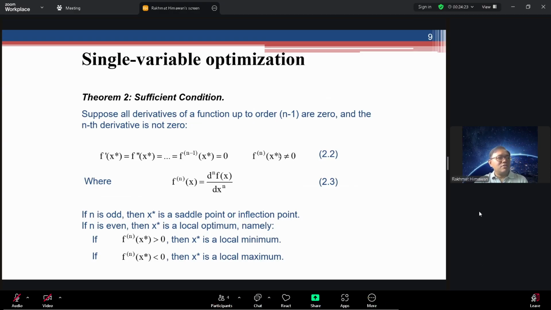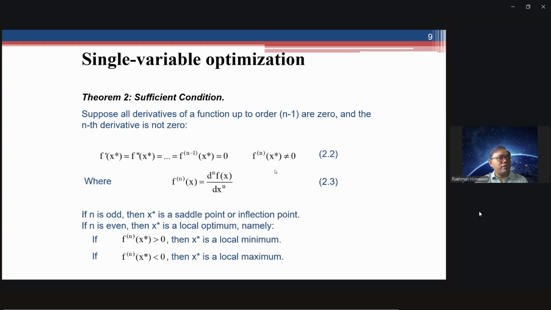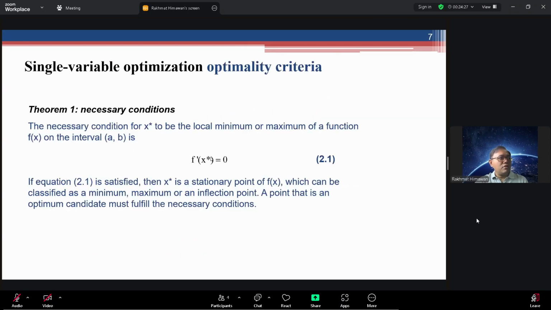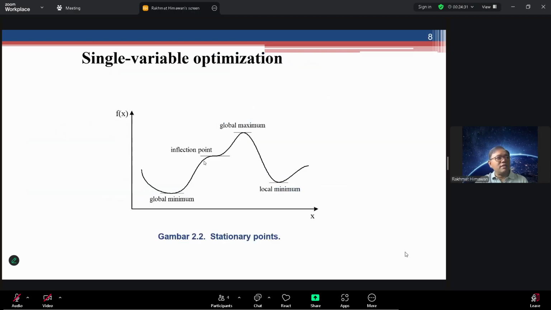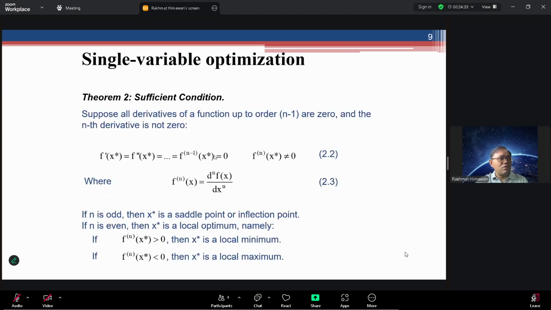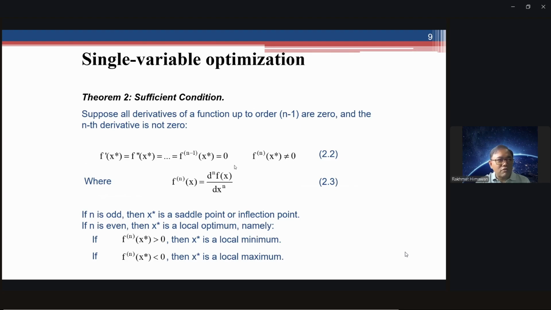So when you do the first theorem, you just do the derivative once. And then you do it again, the second derivative, and see if it's still 0. Until the third, the fourth, I don't know. Just until you reach the point where it's not 0 anymore.